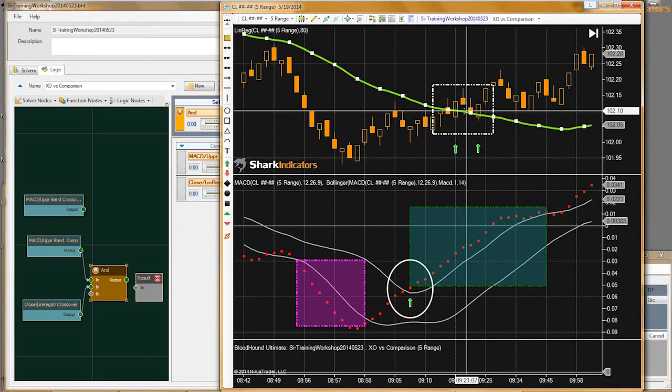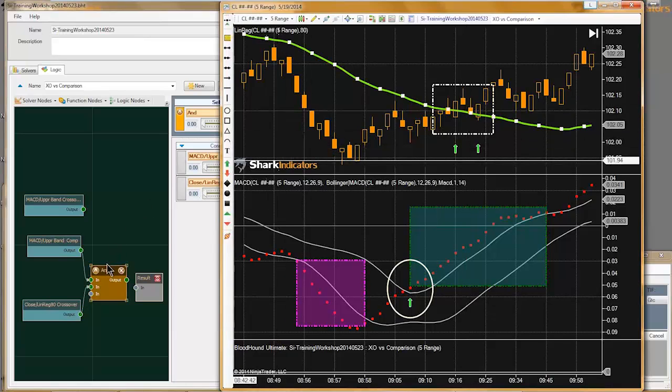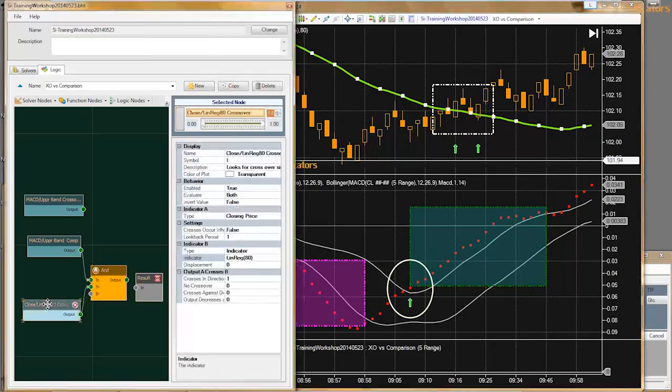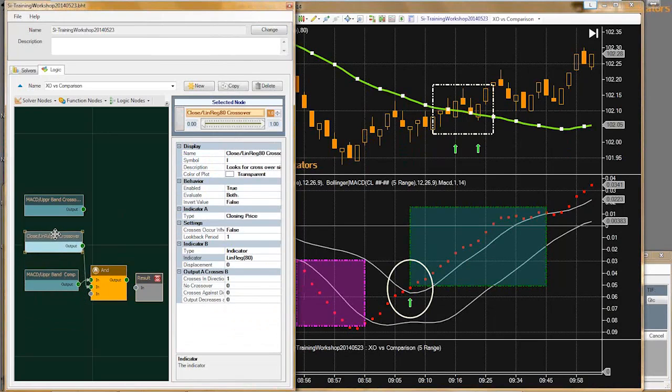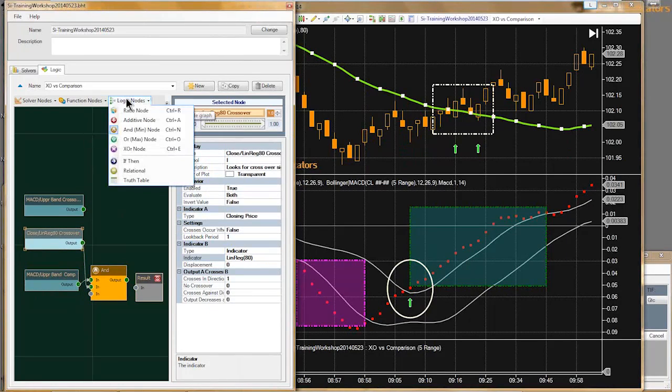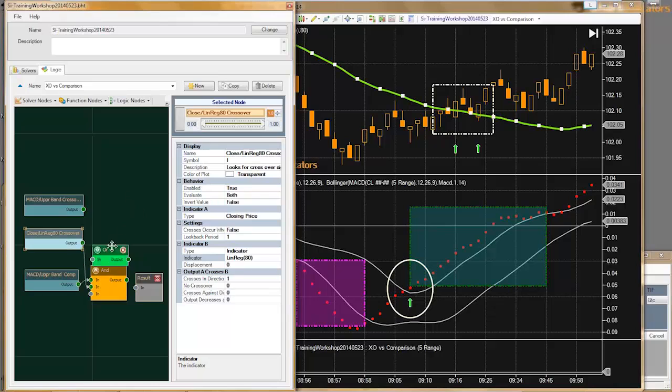And I guess technically, those aren't both crossover conditions. Technically, if we put both of those conditions in as crossover conditions, let me show you what happens.